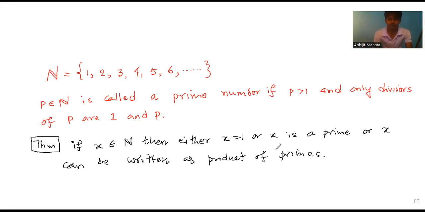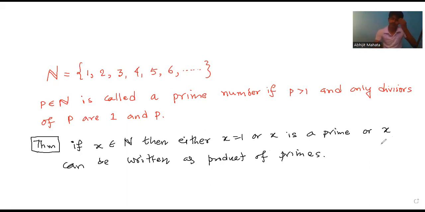So this means you can think basically all the natural numbers are constructed from the prime numbers. Why? Because if you take a number which is not prime, then we can always write that number as the product of primes.